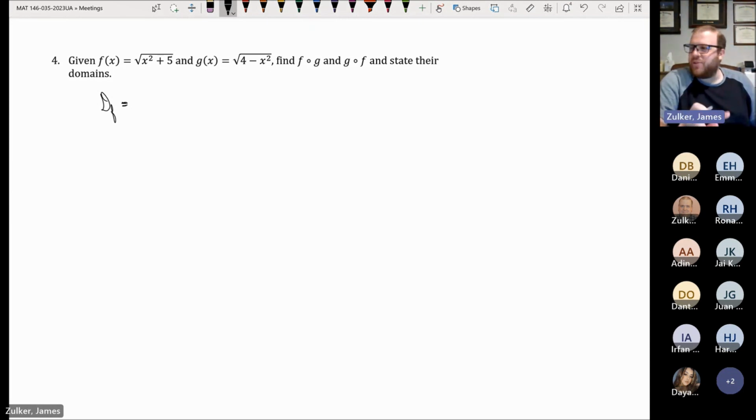Just like before, we want to find the domain of the two original functions. Yep, it's all real numbers. The x squared plus 5 will never be negative.